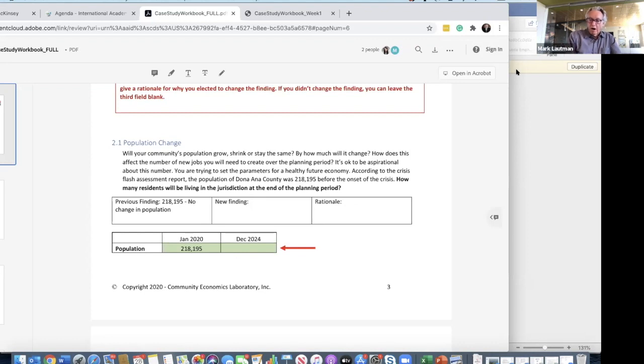How much do you want to grow? Another question. But you want the group to pick a number that's reasonable and isn't too low, but isn't crazy high, that you can say, this is what we're planning for. We're not saying we want it. We're not saying we got to have it. We're just saying this is what we're going to plan for.